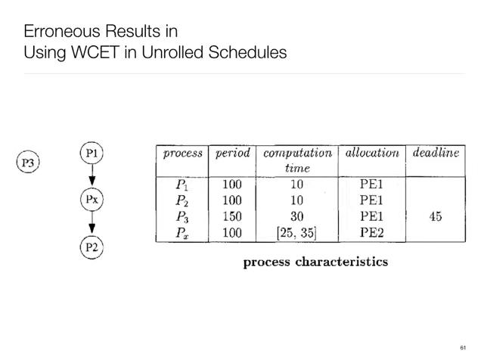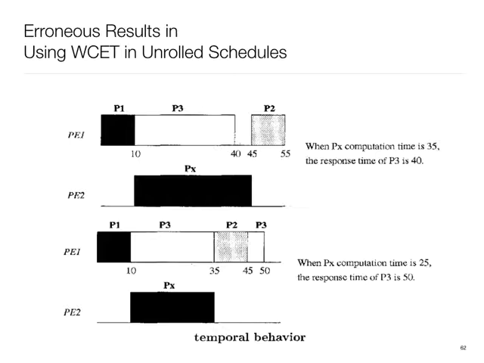Now let's see why that happens. The top half shows what happens when Px takes time 35. At t equal to 0, P1 arrives and runs on processing element number 1. P1 finishes at time 10.